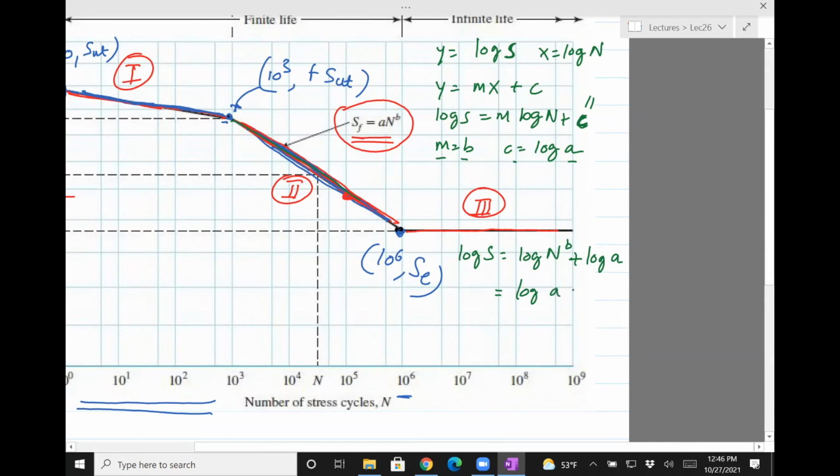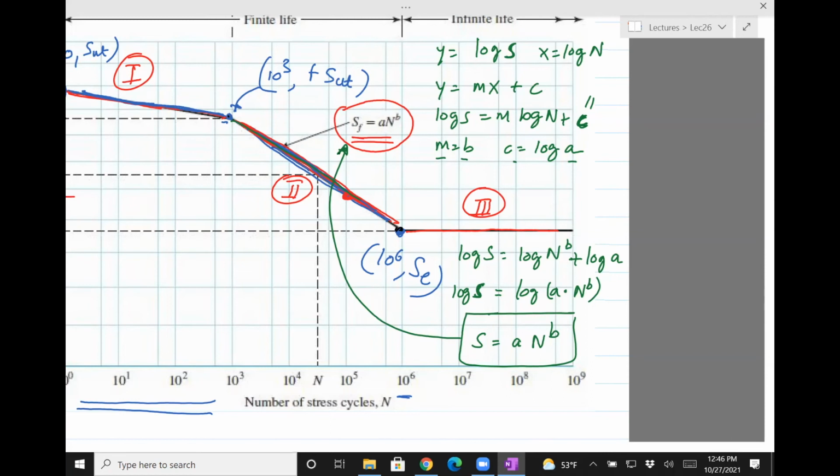Log a times n raised to b is log s. And now you can see that if you eliminate logs, or you take the anti-log of both sides, you end up with s equals a times n raised to b. And that is the formula they have over here. It's not very obvious when we write it down that way, but it's derived in this fashion.